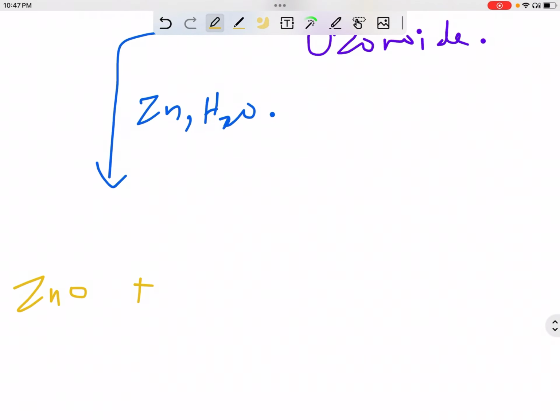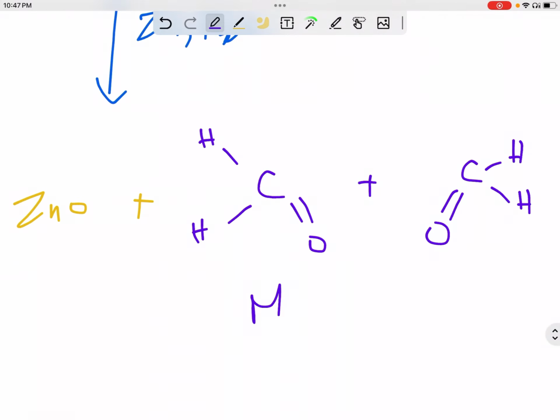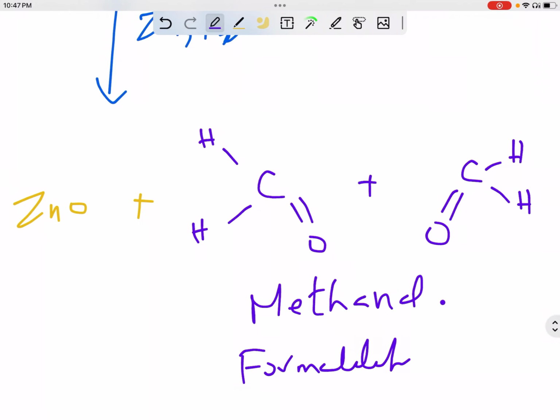So the product is going to be like this: double bond O, and the other side of the carbon is also going to be the same. So we are getting methanal, that is also known as formaldehyde.